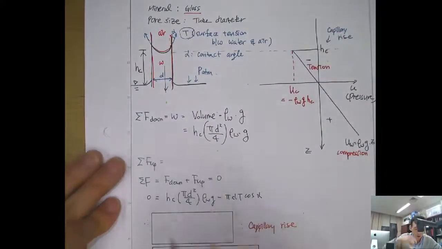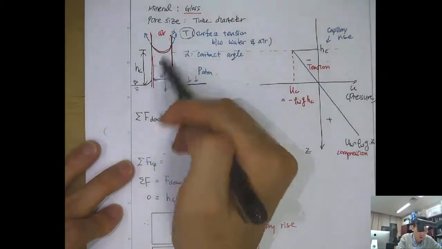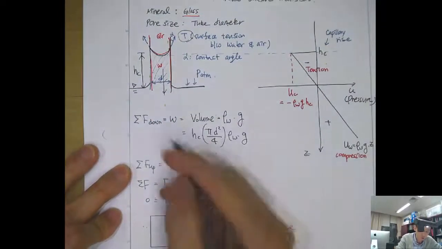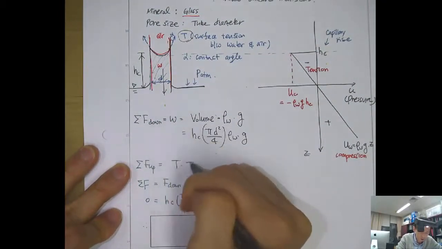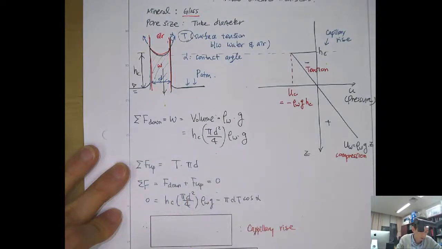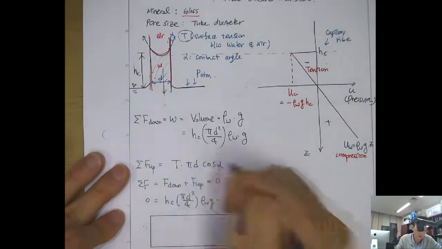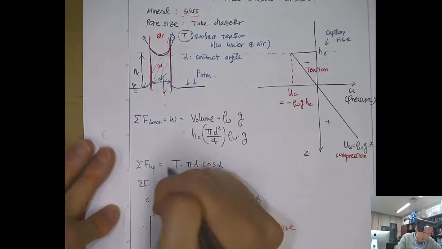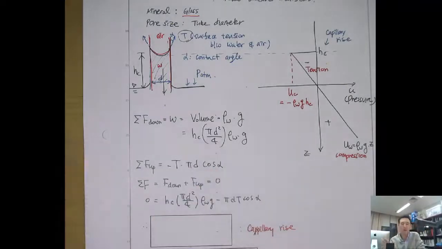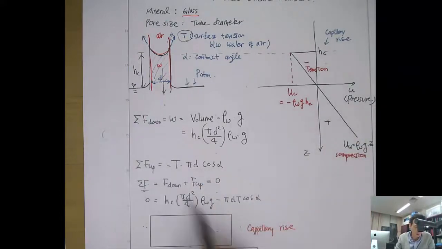On the other hand, the force bringing up this water mass will be T times pi d and cosine alpha. And we have to have a minus because the direction is different. So the upward force is going up, so that's the negative sign, and downward is positive sign in this case. But that doesn't matter when you do the force balance here.